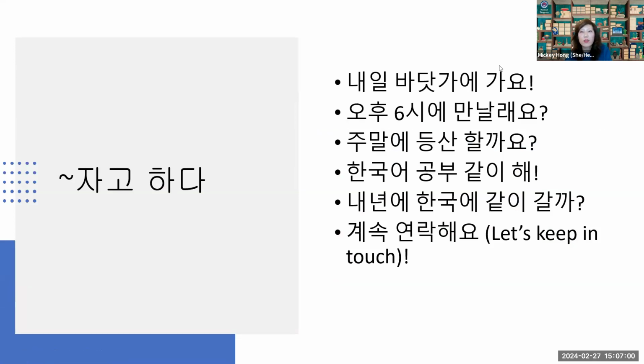Please report these proposals as if you are conveying them to somebody else who didn't hear them directly. 내일 바닷가에 가요. 가자고 해요. 가재요. 오후 6시에 만날래요? 만나자고 해요. 만나재요. 주말에 등산할까요? 등산하자고 해요. 하재요. 한국어 공부 같이 해.